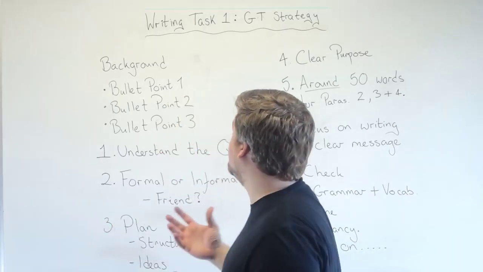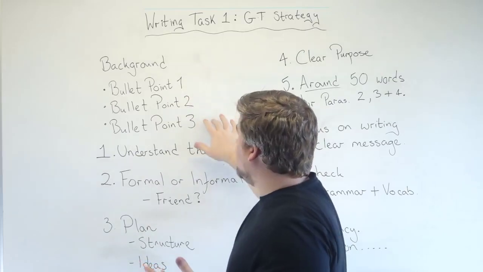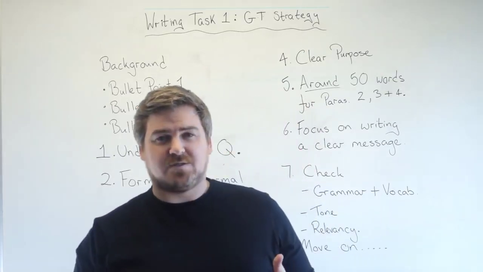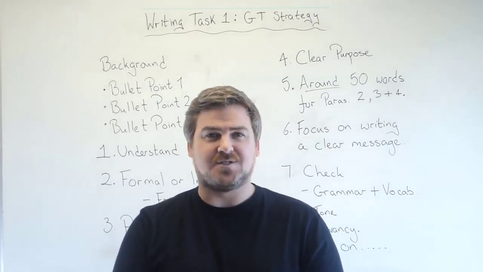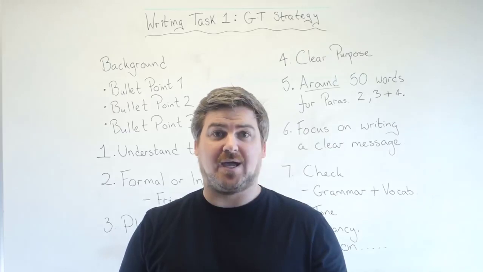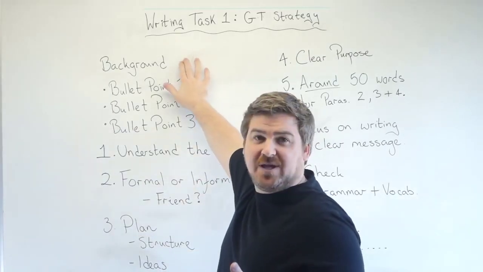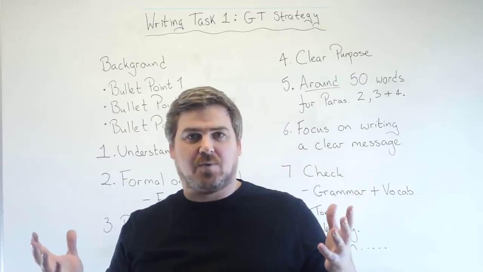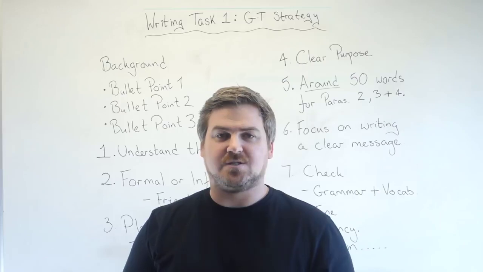Right, so first thing is just a little bit of information about what to expect. If you're not sure about what you're going to get on the general training task 1 paper, just Google it, have a look, and you're going to be getting basically this format. Background information, so they'll give you some information about what is happening and who they want you to write to and the situation that you're in.